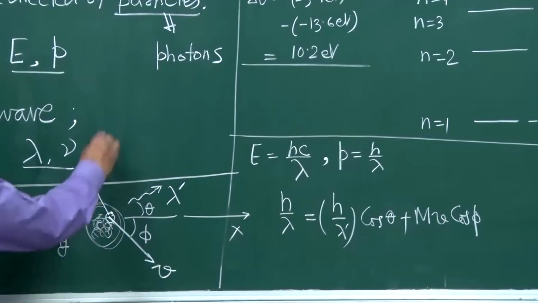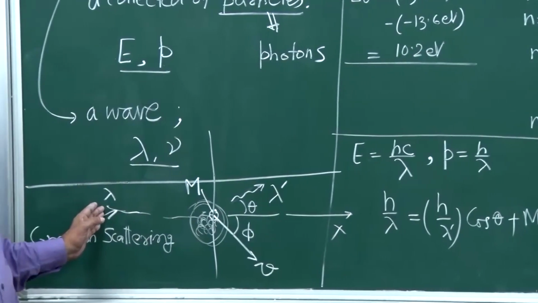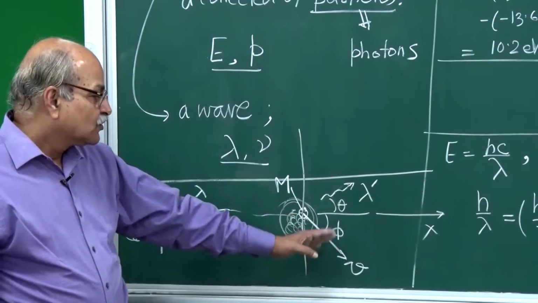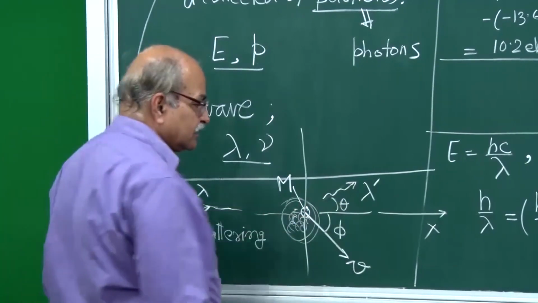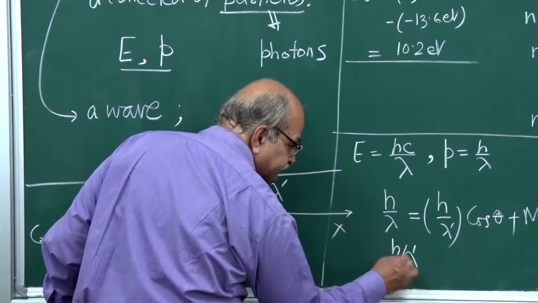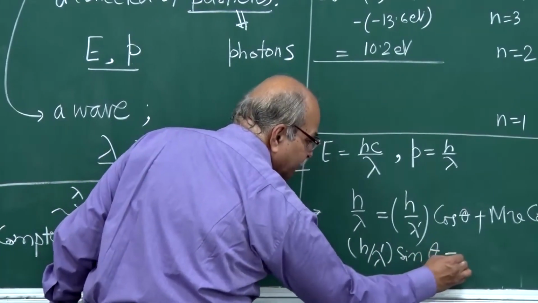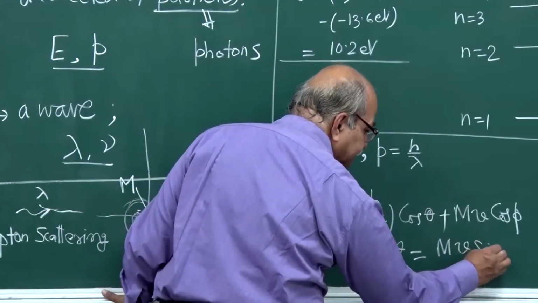And in the y direction, the initial linear momentum was 0, so the final linear momentum should also be 0. So you have h over lambda prime sin theta, and that should be equal to m v sin phi.